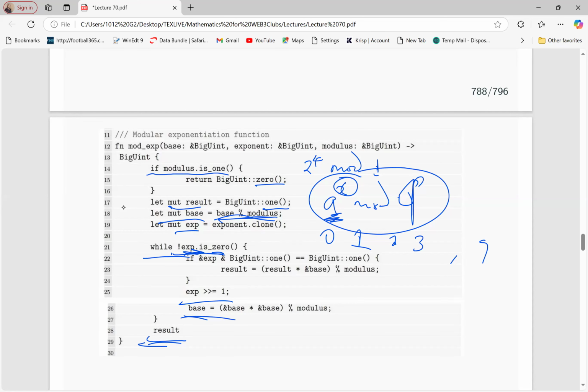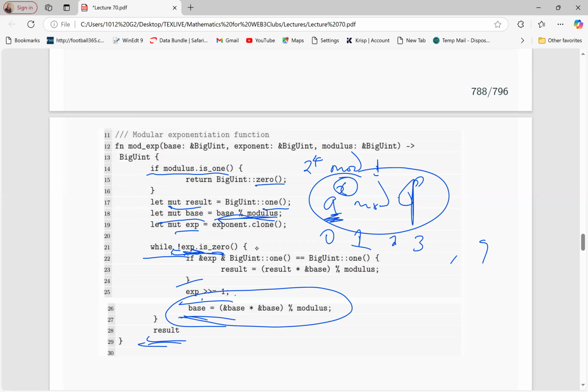Now, here we talked about when the exponent is not 0, so that loop ends here. And then we have exponent greater than or equal to 1. If the exponent is greater than or equal to 1, the base changes.